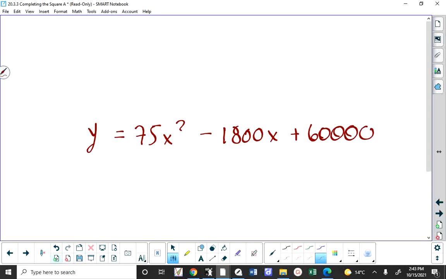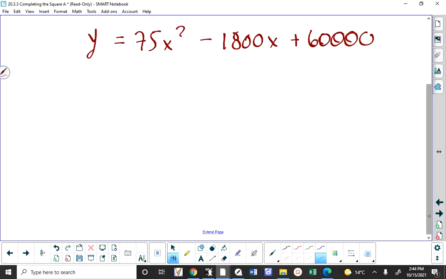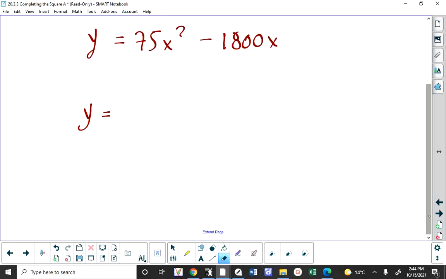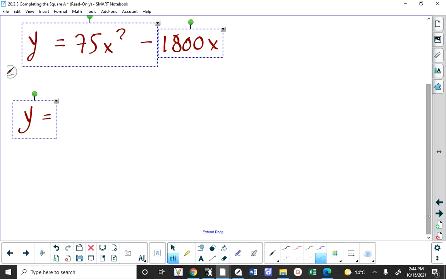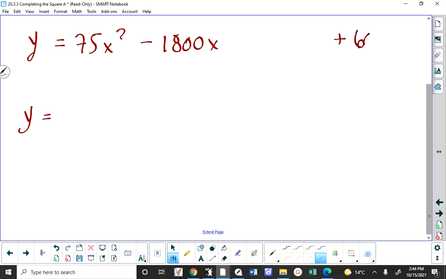So if I want to find out where the vertex is, I would move this 60,000 over. I don't want to make the mistake of doing any factoring with it. When you do your factoring, it's only with your x terms.